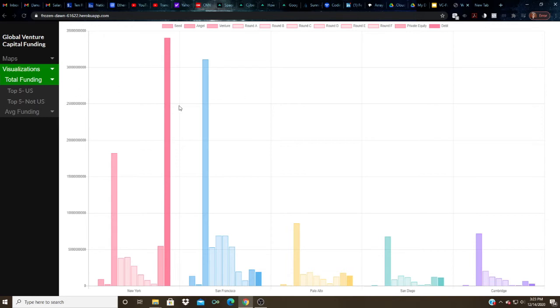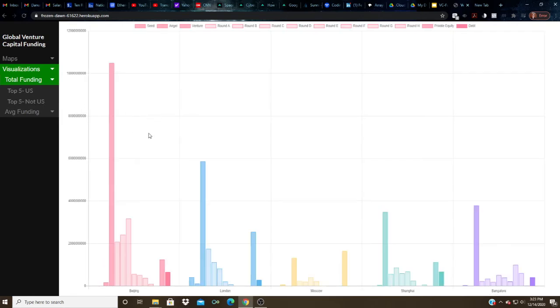So venture is the highest amount, the largest funding round other than New York City for the United States, and that is also true outside the United States. You can see the debt rounds, and then the venture round stands out much more than that.